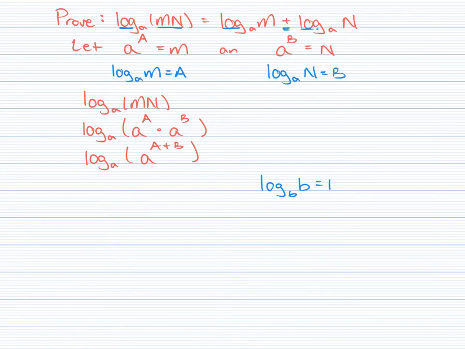So if I have log base a of a to the A plus B, this is going to simplify into A plus B. Now, up above, what we saw is that when we took our initial values and wrote them in their logarithmic forms, we were able to isolate the capital A and the capital B, so we can substitute one more time. So our A is actually log base a of m, and our B is going to become log base a of n.